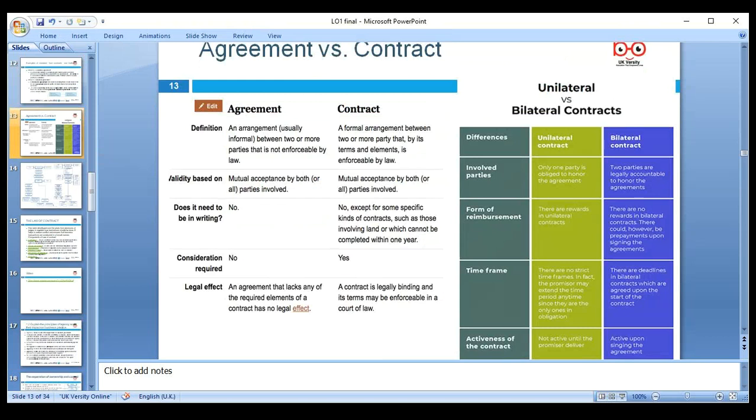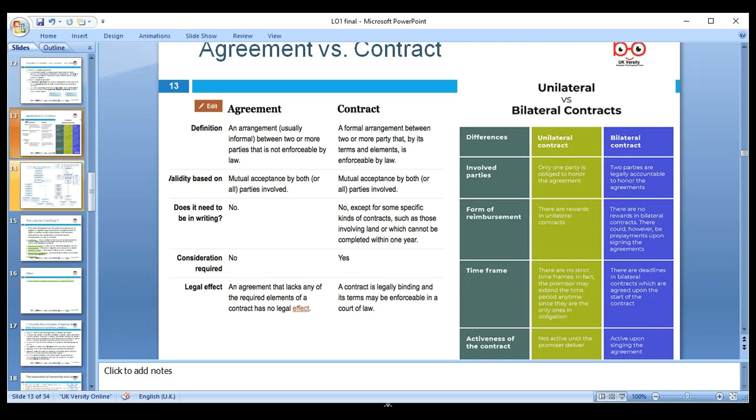Agreement versus contract definition. An arrangement, usually informal, between two or more parties is not enforceable by law. It is not a contract. A contract is a formal arrangement between two or more parties. If we say we will go for a visit together but don't go, that can be an agreement but not a contract.